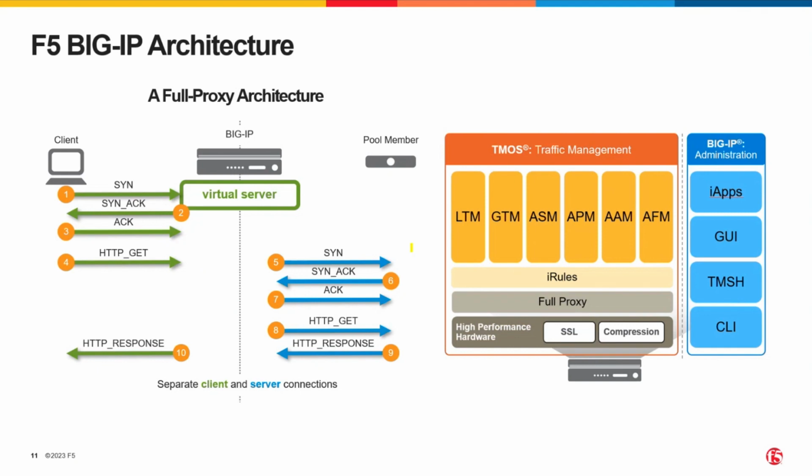For those that didn't see that product before, we have to understand that this product itself works most of the time as a full proxy. This is a full proxy that will be in front of our applications from the client perspective.